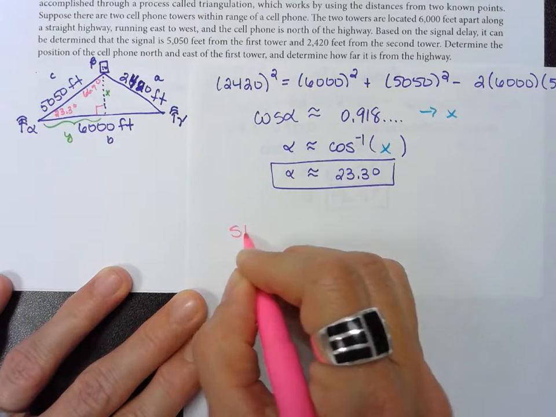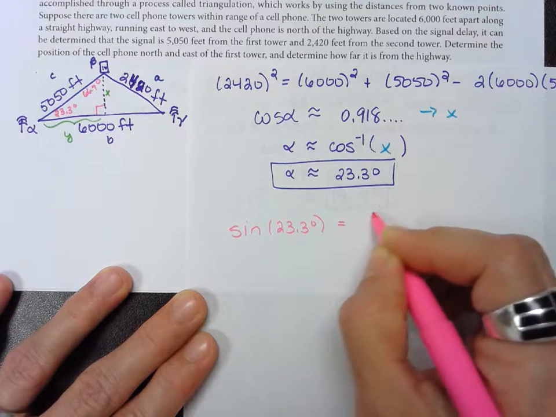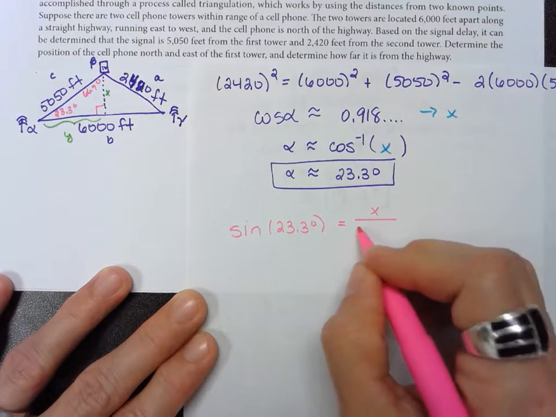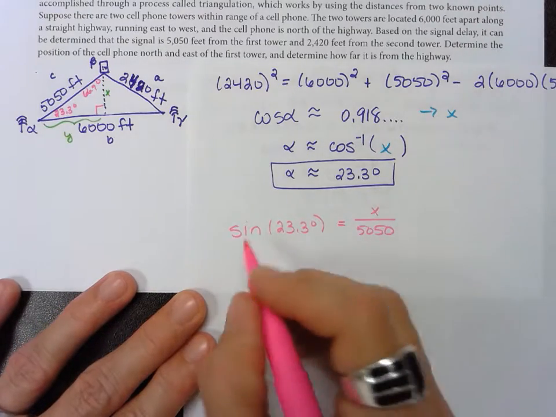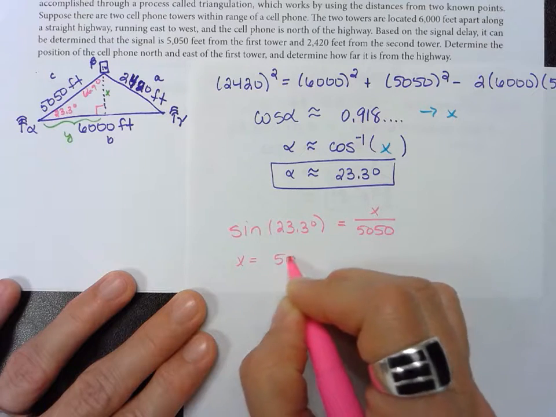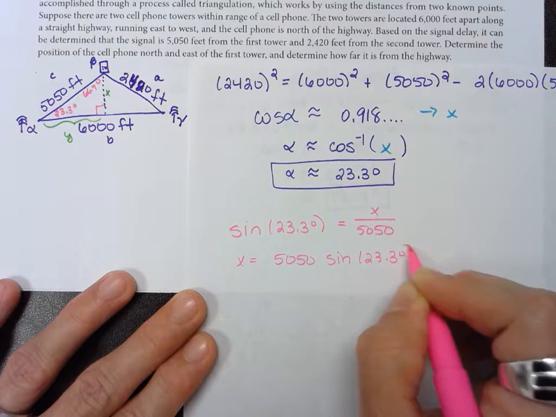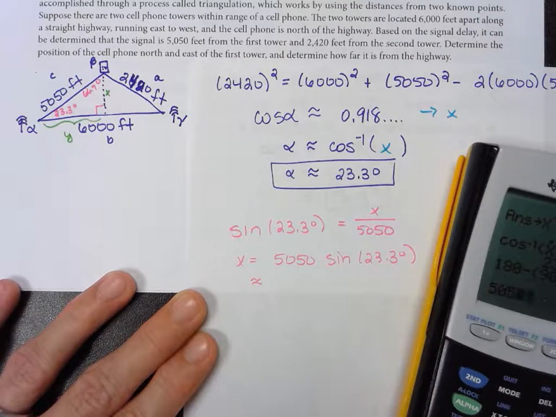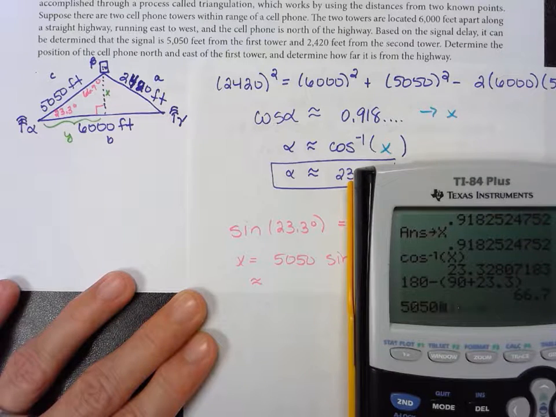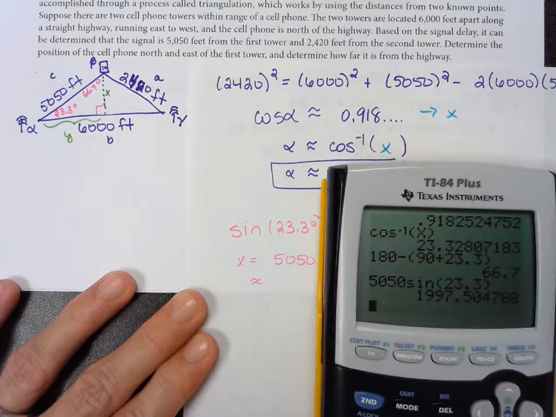Wouldn't that be sine of 23.3 degrees is equal to opposite over hypotenuse? Okay, so x is equal to 5,050 times sine of 23.3 degrees, which is approximately 1997.5.